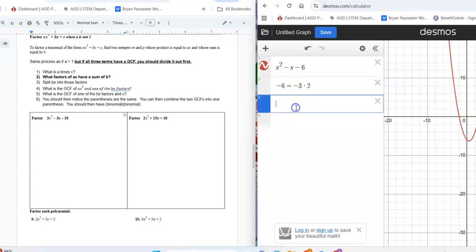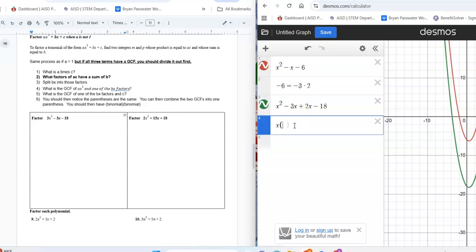So that means grouping would be x squared minus 3x plus 2x minus 6. All right, the greatest common factor of the first two is x. The greatest common factor of the second two is 2. I don't mean 18, I mean 6.